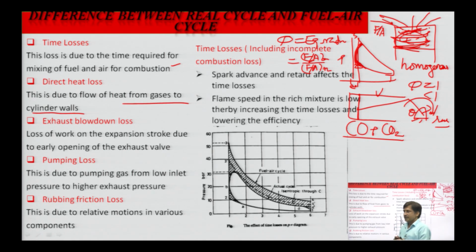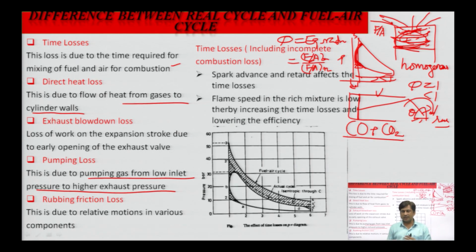Pumping losses. In all the cycles I have considered only compression, then heat addition, then expansion, then heat rejection, but I have not shown you the suction and expelling of the products. Pumping loss is due to the pumping of gas from low inlet pressure to high exhaust pressure.